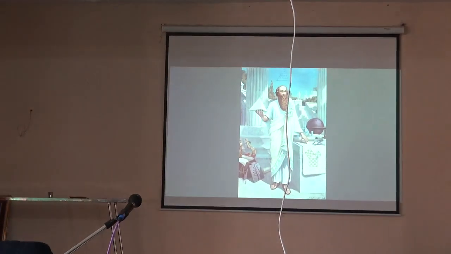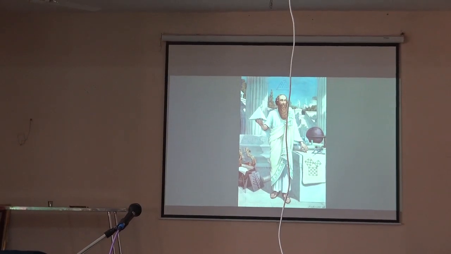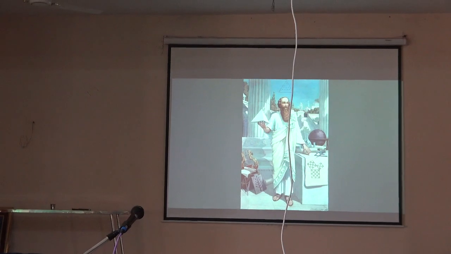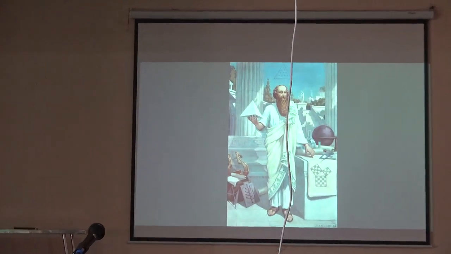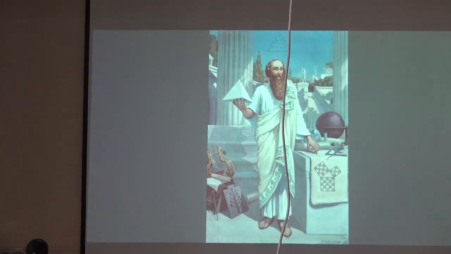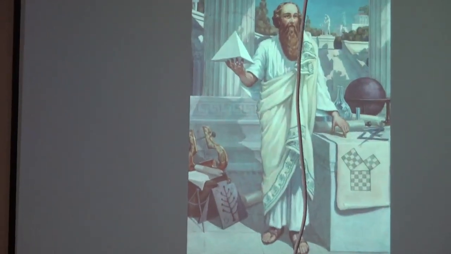This is the Pythagoras theorem. So 3 square and 4 square is equal to 5 square.